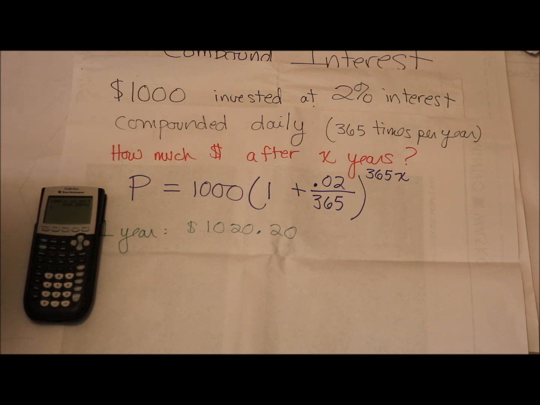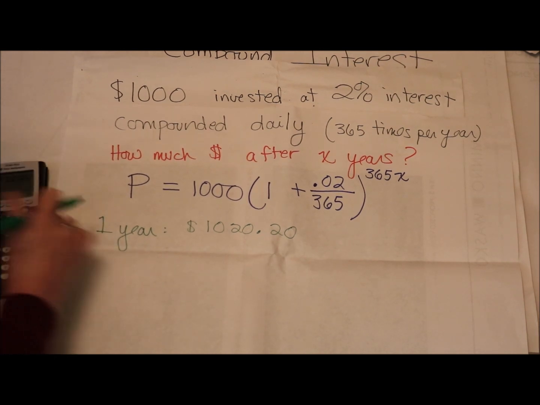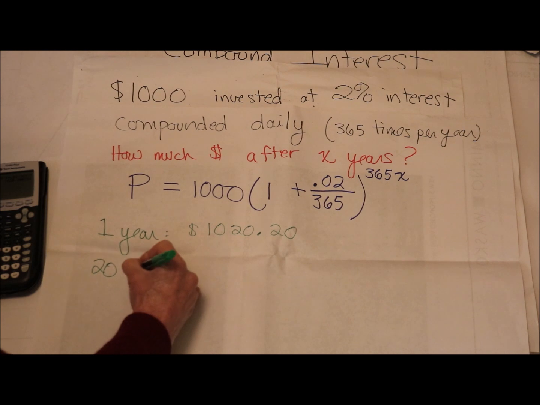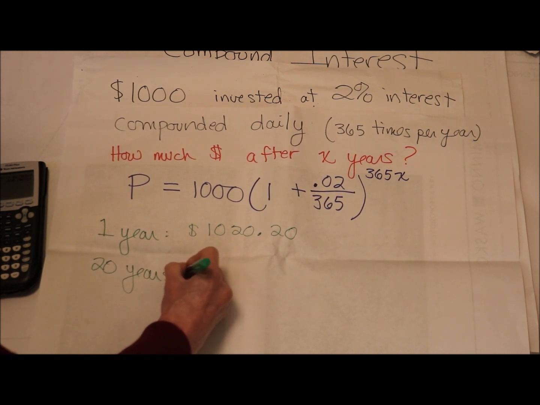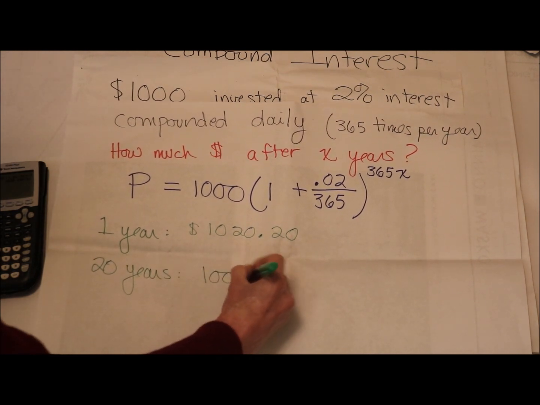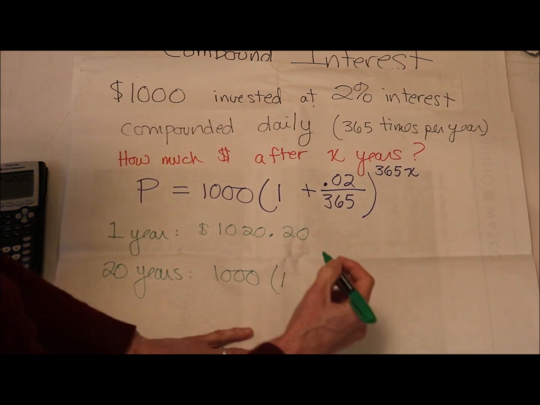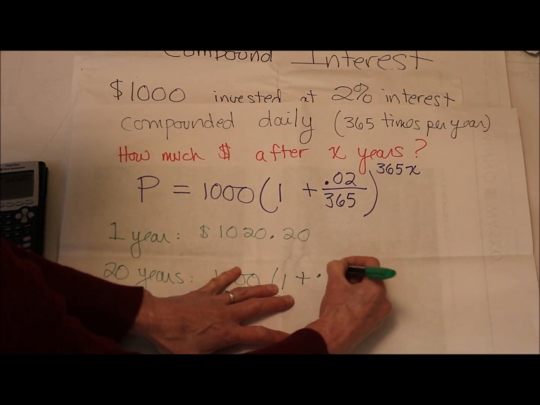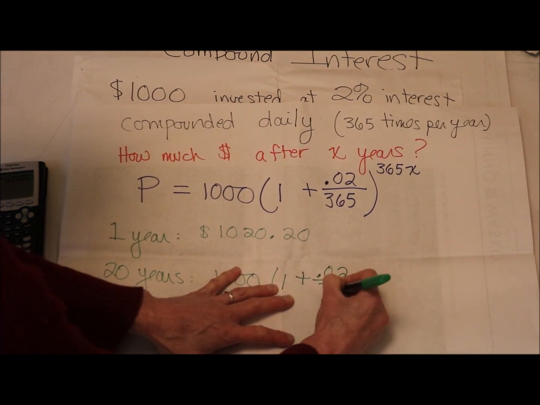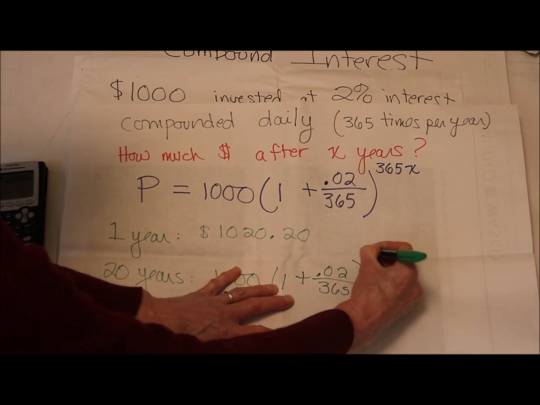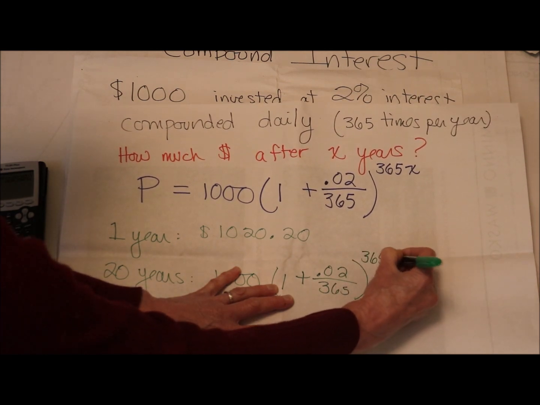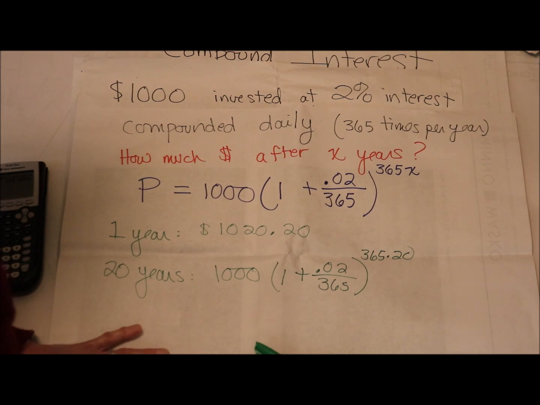$1,020.20. All right. Hey, let's do 20 years again. Okay. 1,000 times 1 plus 0.02 over 365 raised to 365 times 20. Hey, just a little word of warning.